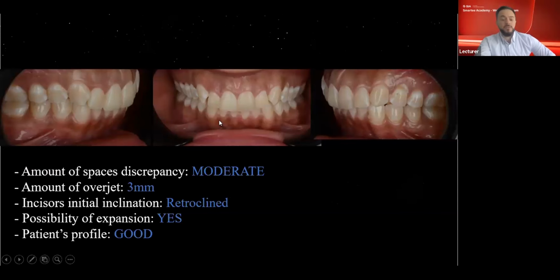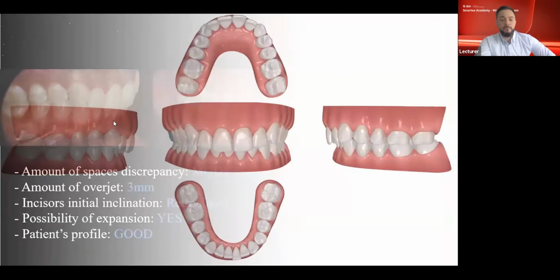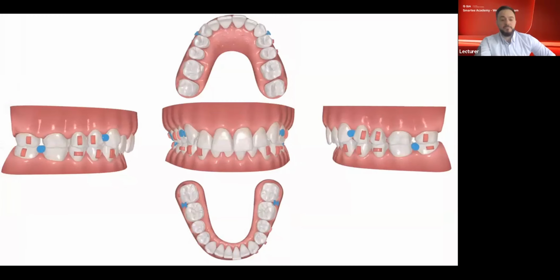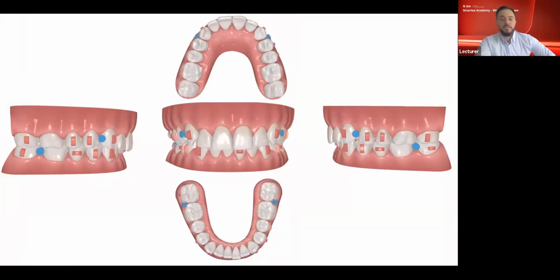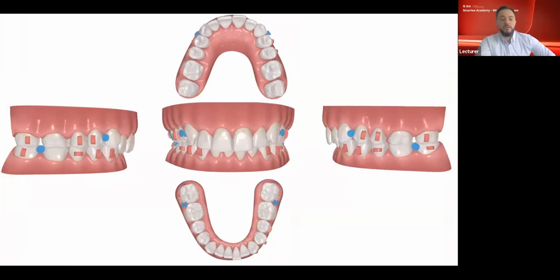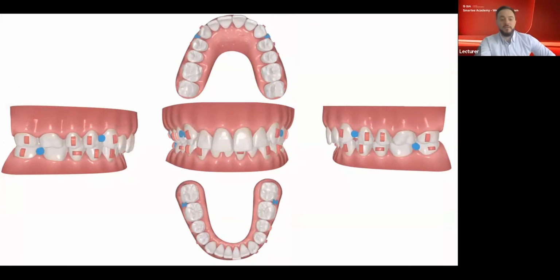IPR, yes, we can do IPR, which is also not planned in that case, and definitely we will go through distalization. So that was the final setup. We do some distalization up to 3 millimeters on both sides. And then for the upper incisors, we procline, then retrocline and intrude.